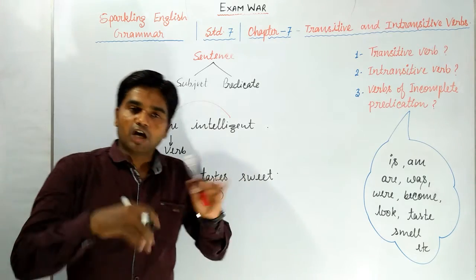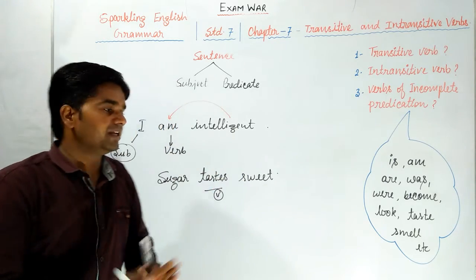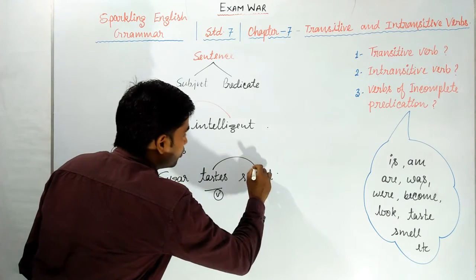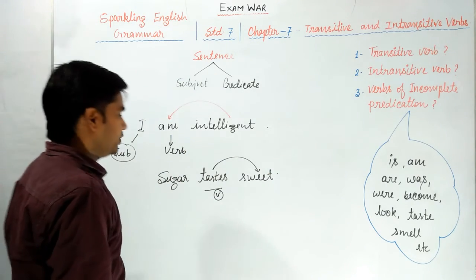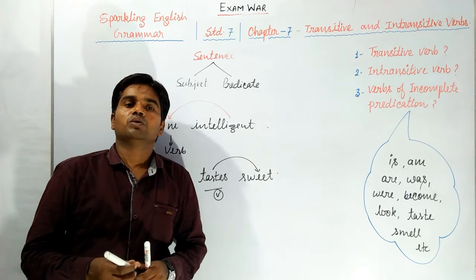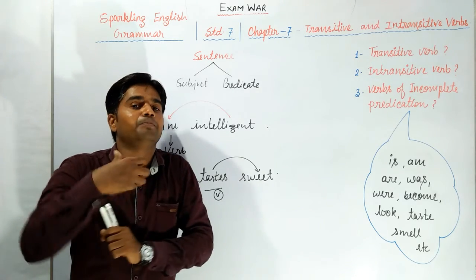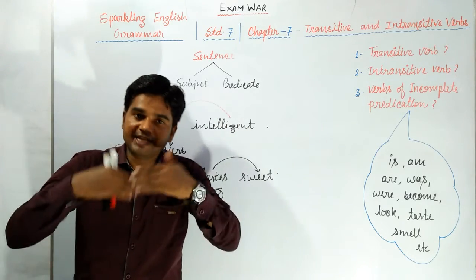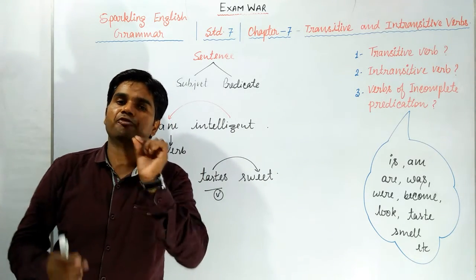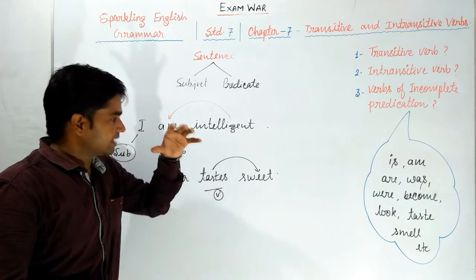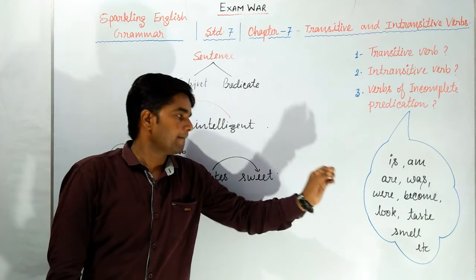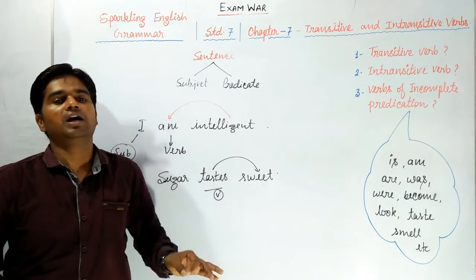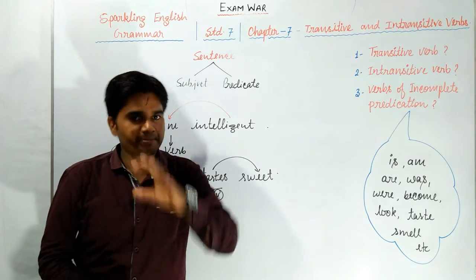Taste. Now the verb itself hasn't its complete meaning, and its meaning is completed when we add sweet. So the verbs which haven't complete meaning without such words are called the verbs of incomplete predications. Examples are am, are, was, were, become, look, taste, appear, smell, etc.